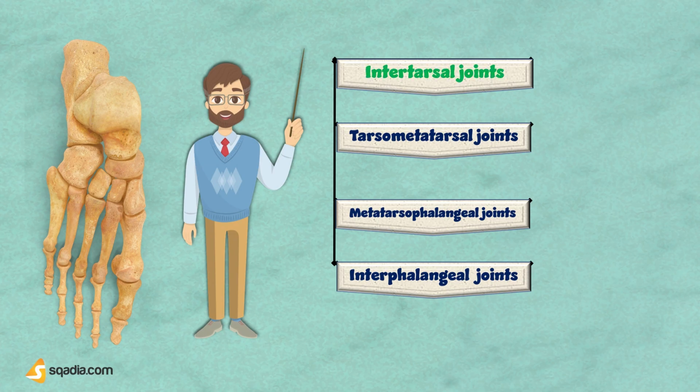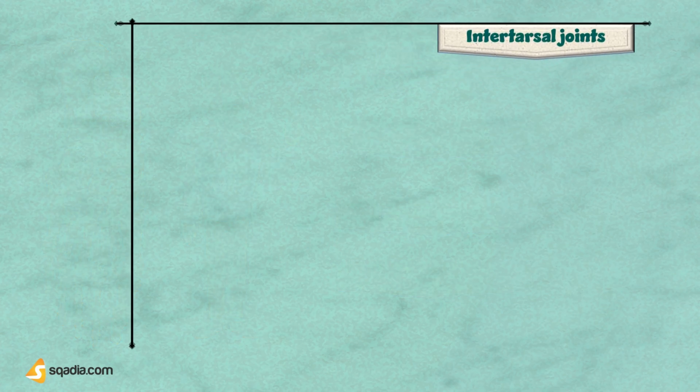As you may deduce from the name, these are the joints between the 7 tarsal bones that make up the posterior part of the foot.